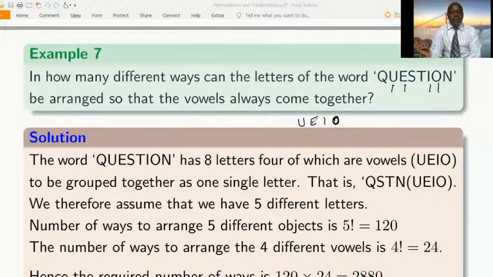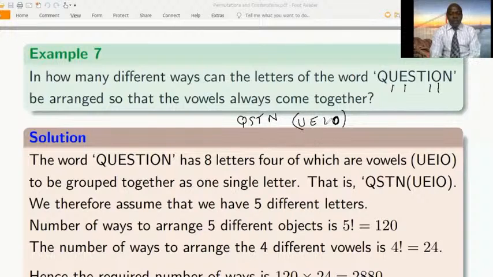We can even begin with E, U, I, O, but they must be together. And so the consonants here are Q, S, T, and then N.